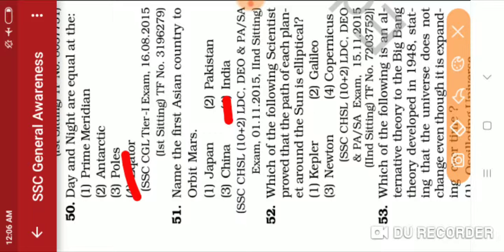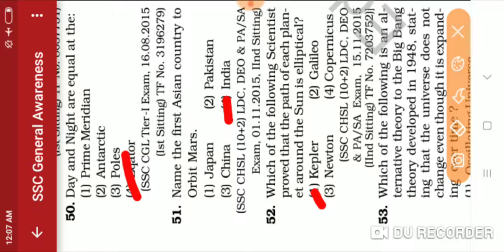Galileo and Copernicus told that the sun is the center and everyone is revolving around the sun. But Kepler told how much speed and in what orbit it's revolving.